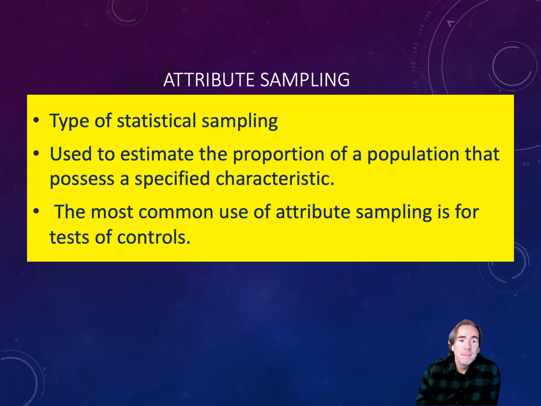So it is a type of statistical test. We're going to estimate the proportion of the population that possesses a specified trait. The most common use is for tests of controls. So we're going to say a control works as long as it doesn't fail more than 7% of the time. And so from that, we're going to do an analysis.